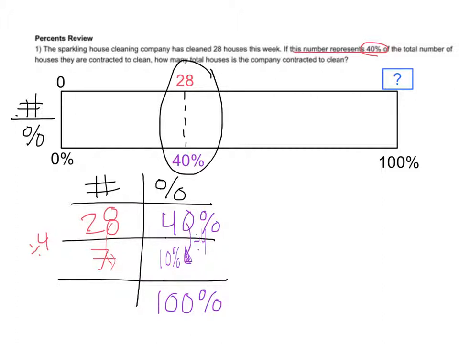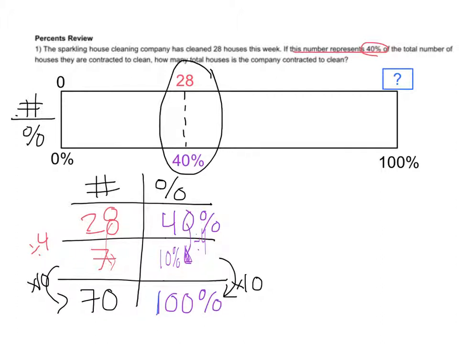Now I'm trying to get from 10% to 100%. I can multiply 10% times 10 to give me 100. So I want to do 7 times 10 to get 70. This has now helped me solve my missing value.